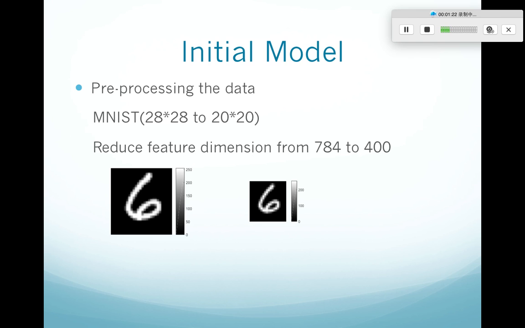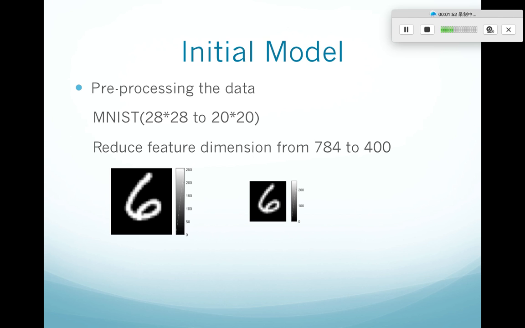The dataset I use for training and testing my multilayer perceptron is derived from the MNIST database of handwritten digits. All digit pictures have been size normalized and centered in a fixed size image of 28 by 28 pixels. The pixel values are from 0 to 255, in which 0 means black and 255 means white.